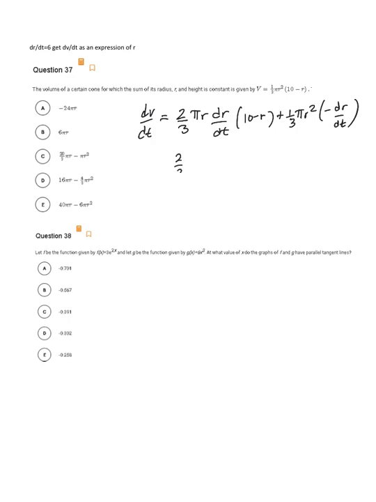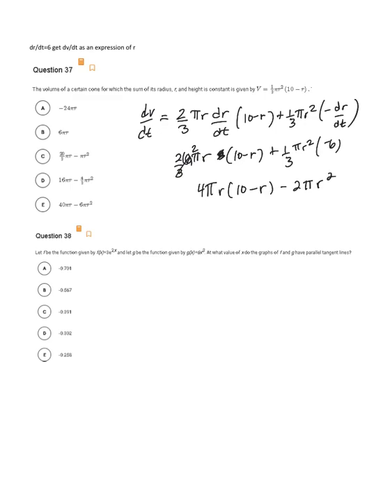So what do I get? I get 2/3 times 6 pi r times 10 minus r, plus 1/3 pi r squared times negative 6. So that's 4 pi r times 10 minus r, and over here I get minus 2 pi r squared.